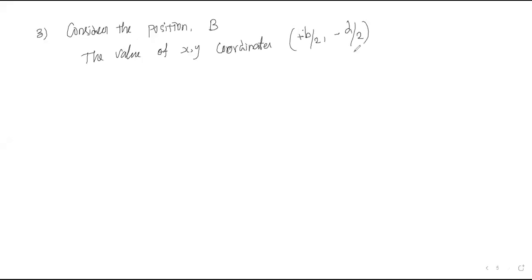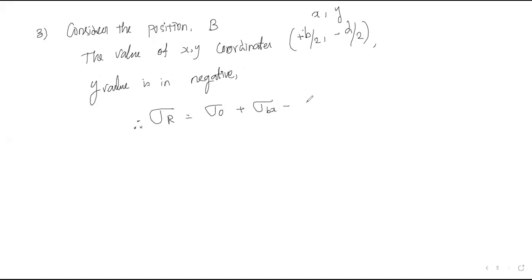The y value is negative, therefore sigma r becomes sigma naught plus sigma bx minus sigma by.